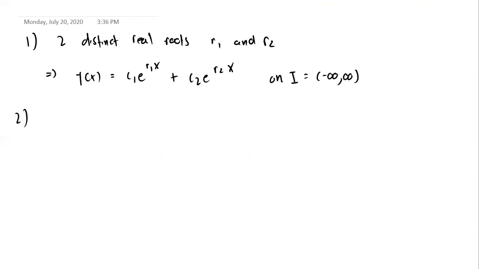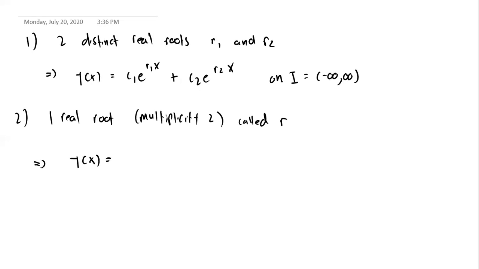Two, we have one real root, multiplicity 2, and let's call it just R. Again, no need to use R1 and R2 because there's only one. Then our general solution is C1 e to the Rx plus C2 x e to the Rx.